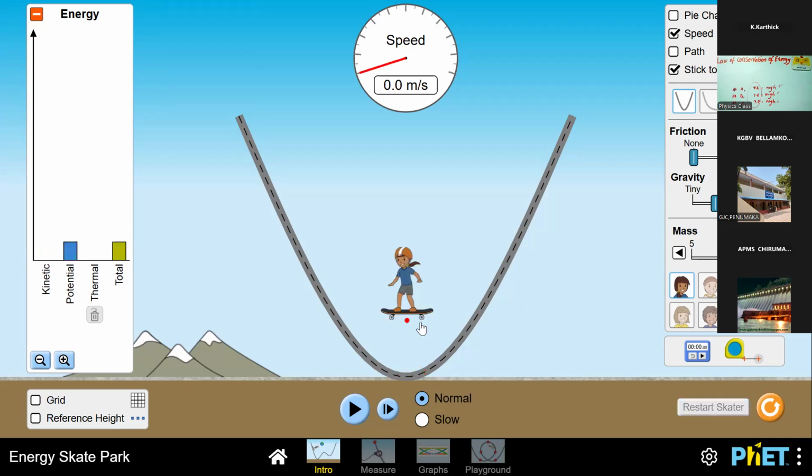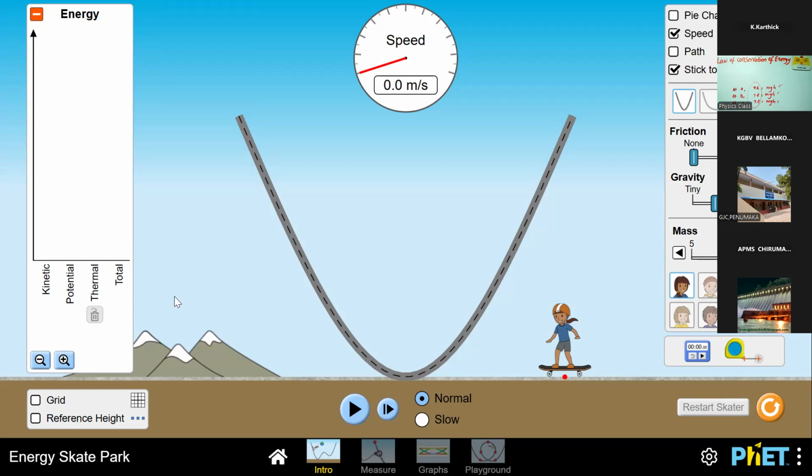When the skater is standing here, there is no height and the skater is not moving, and therefore no kinetic energy, no potential energy, no total energy. The energy of the skater is zero.